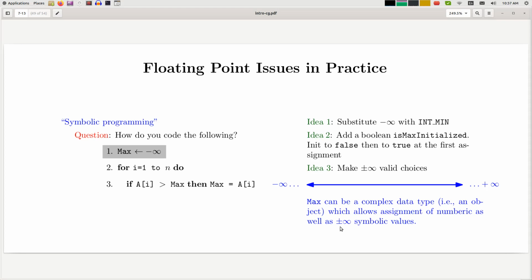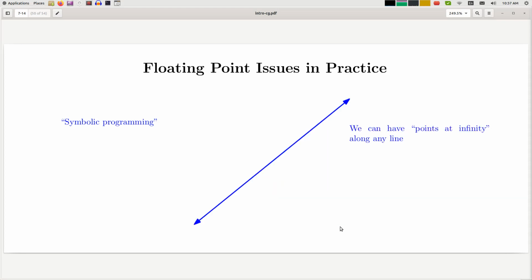Why is this useful? It is useful because if you go to higher dimensions, then we could have essentially the concept of a point at infinity. A point at infinity can be defined along any line. So this is a line in 2 dimensions, and I can have a point at infinity over here, as well as a point at infinity over there. And then you could define some geometric object using these points at infinity.